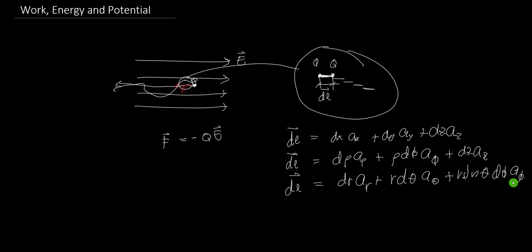If you want to recall the derivation that we did in chapter 1, you can rewatch our lecture again, but this time I will not derive this again. These are the dL that we will be using here, because this is a very small displacement. The energy that we solve for from that is also very small, and that's just dW.